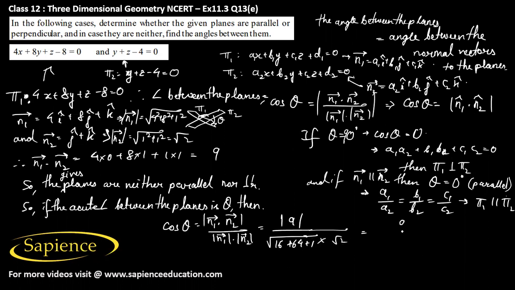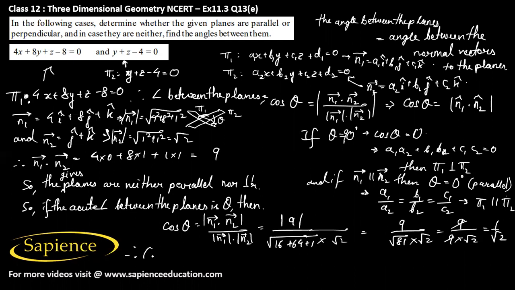So this will be equal to 9 by, 16 plus 64 is 80, plus 1 is 81. So root over 81 into root 2, so that is 9 by 9 into root 2. So 9 and 9 will cancel out. So therefore cos theta is 1 by root 2.